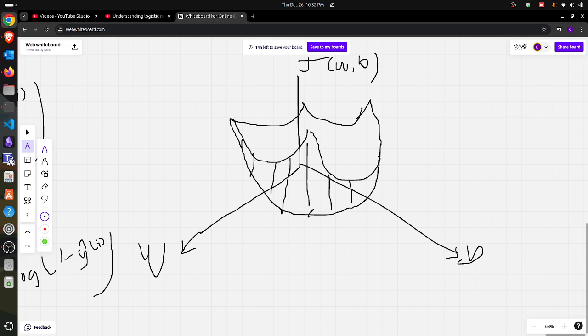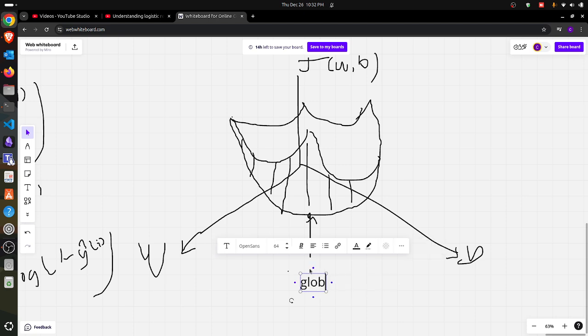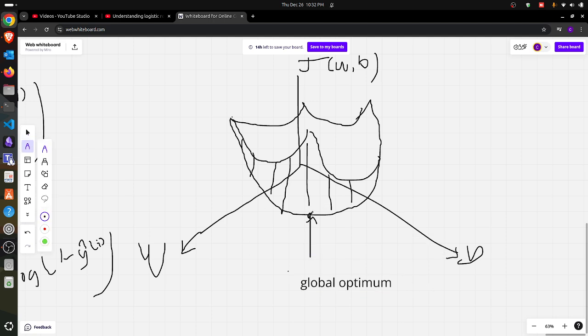Just know that this point is known as the global optimum. That's the optimum place of the algorithm, and the path it will trace from any point to reach that point is what it will be.